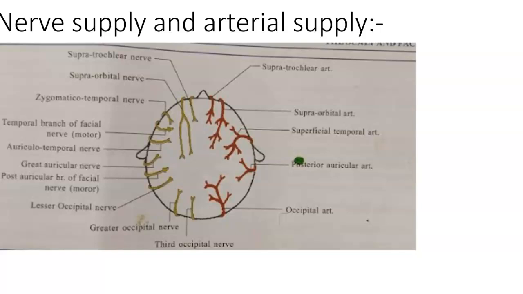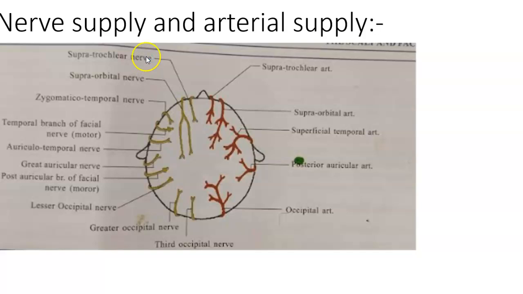You should know that the motor nerves are supplied by the facial nerve, and sensory by branches of the mandibular nerve. The first nerve is the supratrochlear nerve, then the supraorbital nerve, zygomaticotemporal nerve, and the temporal branch of the facial nerve. Here you can see this is motor.